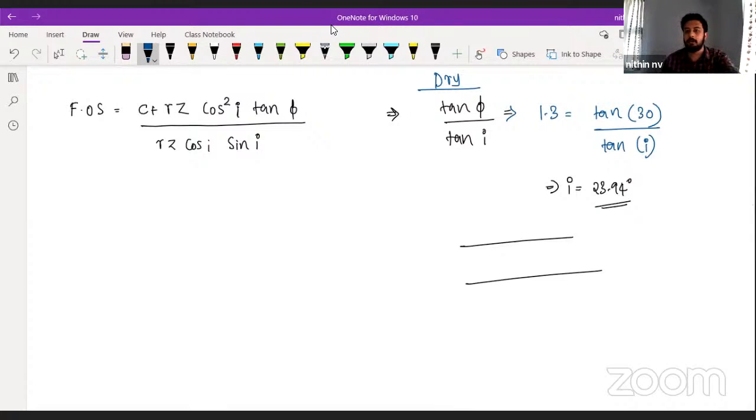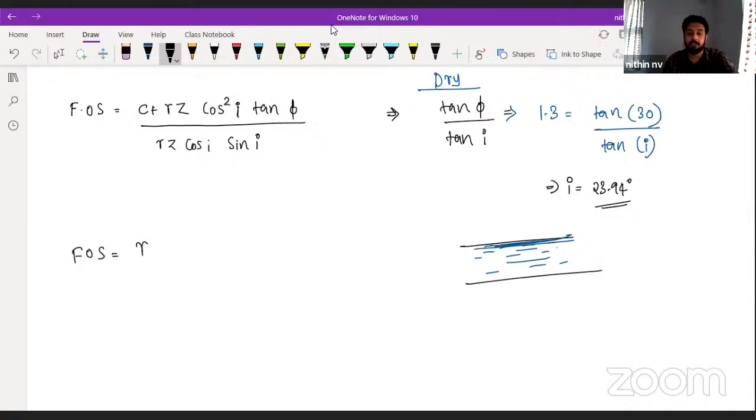We are going to have complete water now. Seepage is happening at and parallel to the surface.